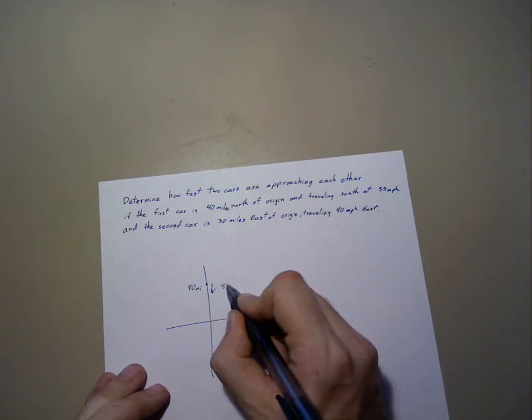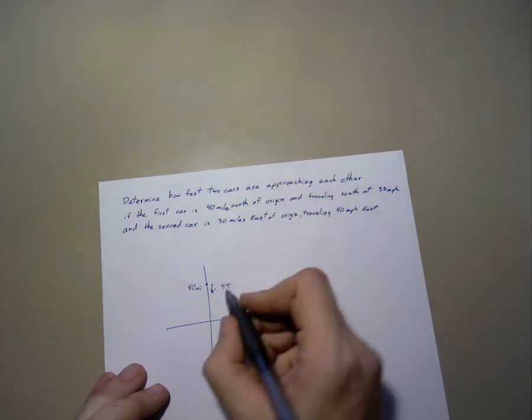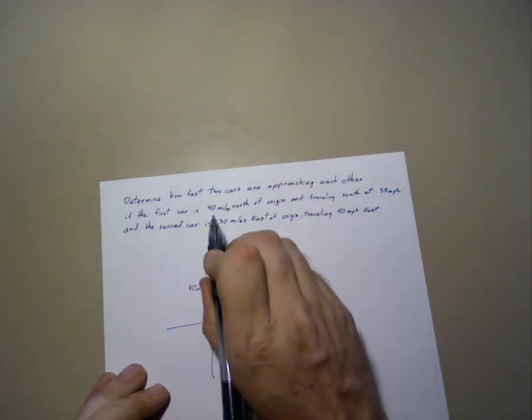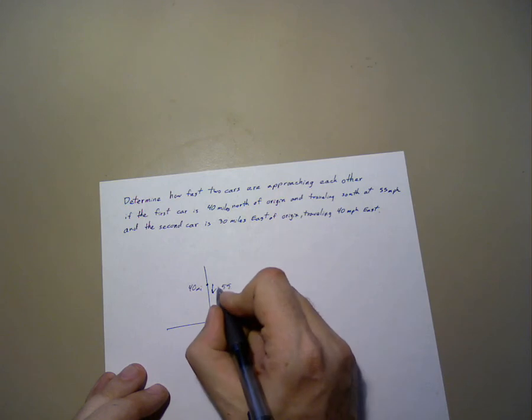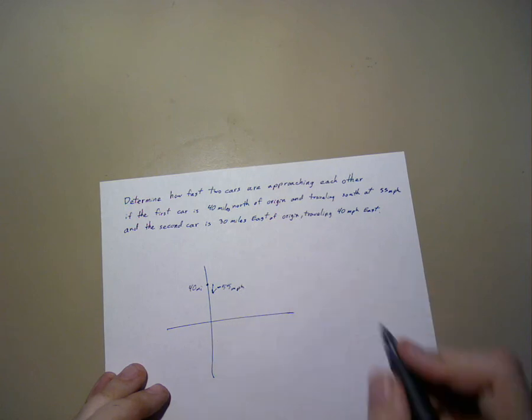Notice because it's going south, that is a negative. If up is positive, then down is negative. So that's negative 55 miles per hour.